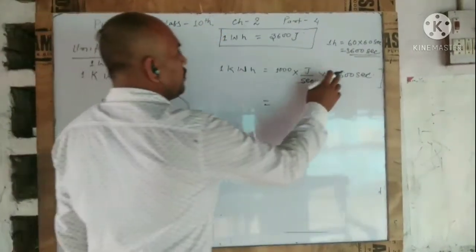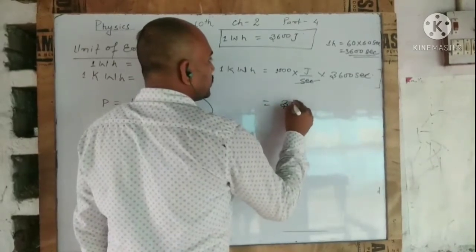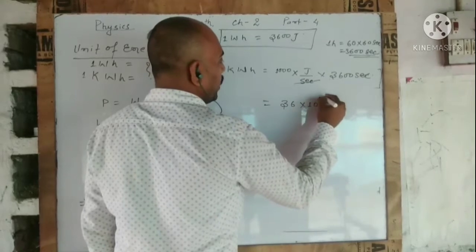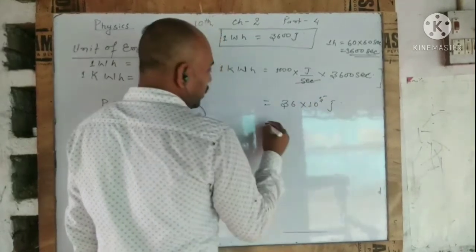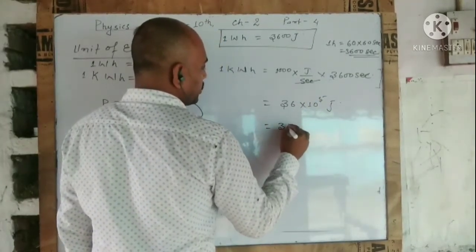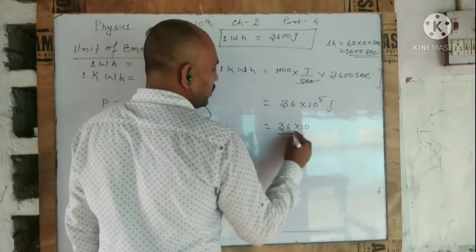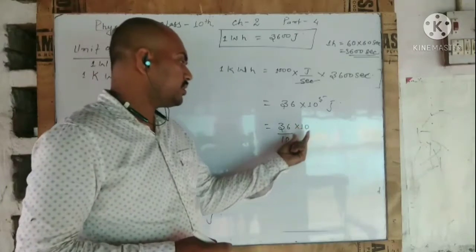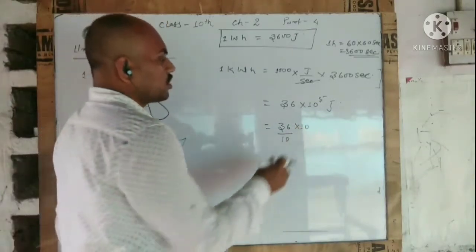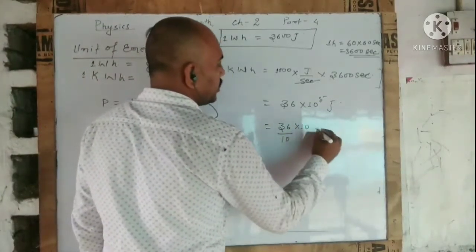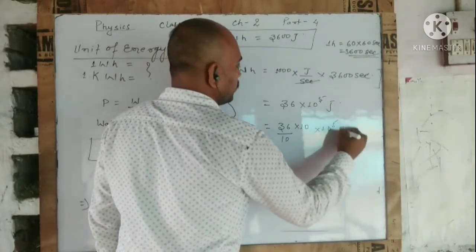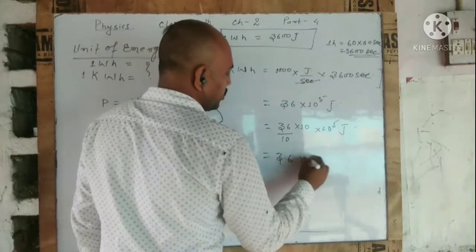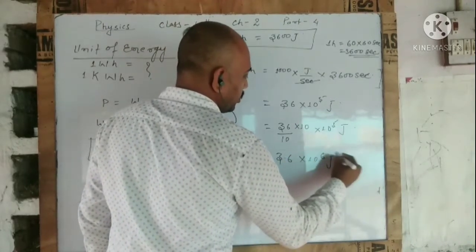Now it will become 36 into 10 to the power 5 joule. If we multiply and divide by 10, it becomes 3.6 into 10 to the power 6 joule.